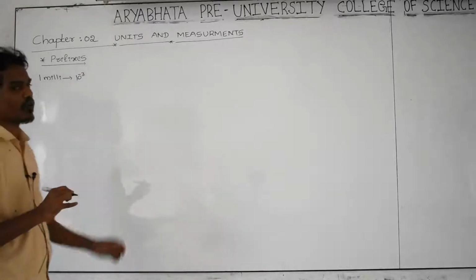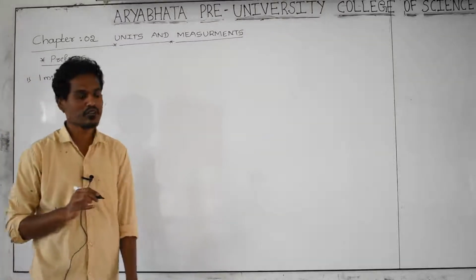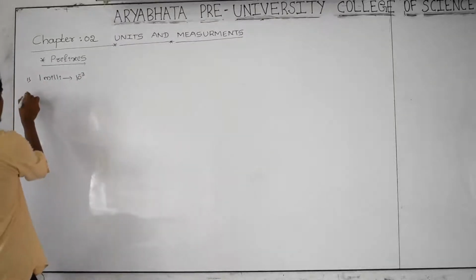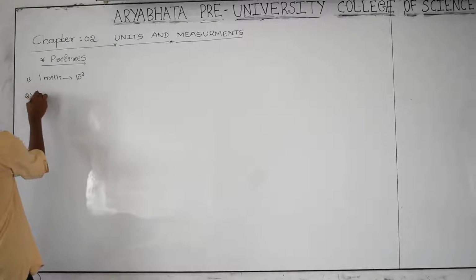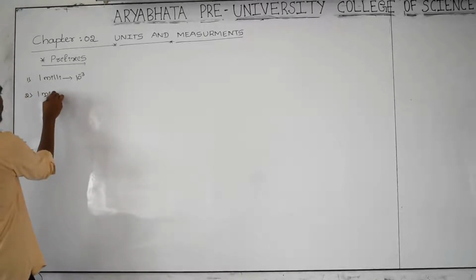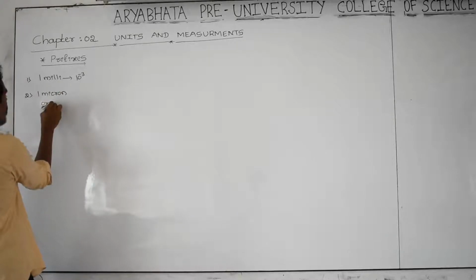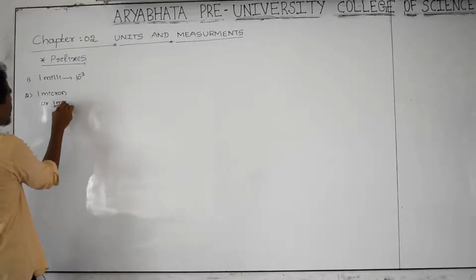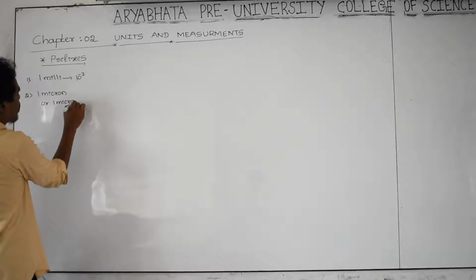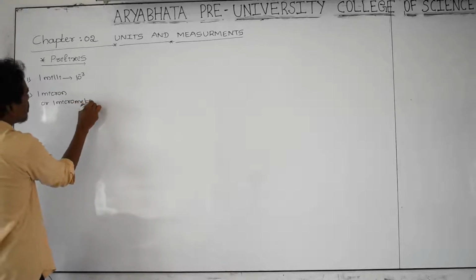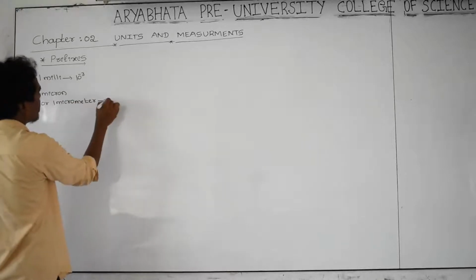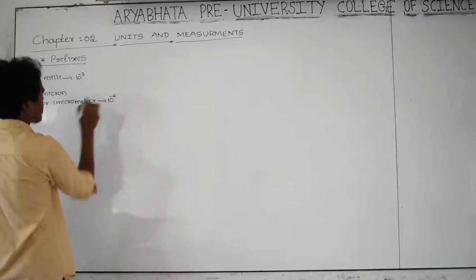Milli means 10 to the power of minus 3 meter. The second prefix is 1 micron, or 1 micrometer. The scientific notation for this one is 10 to the power of minus 6 meter.